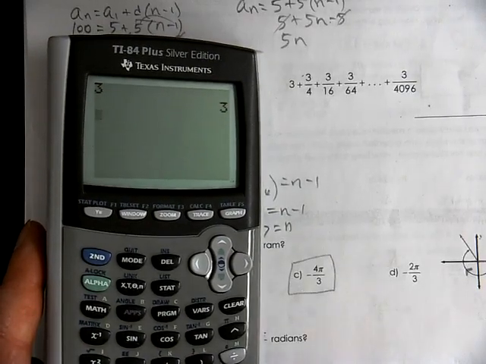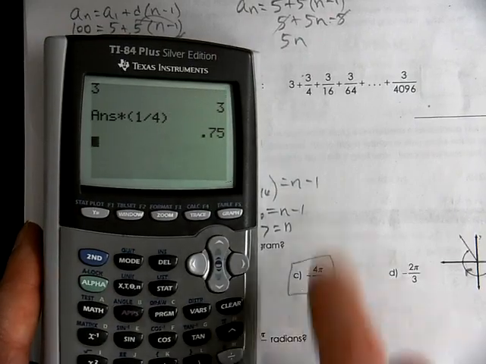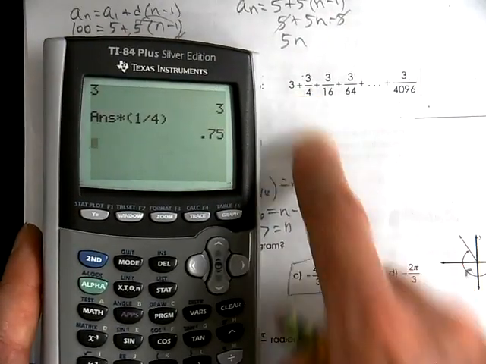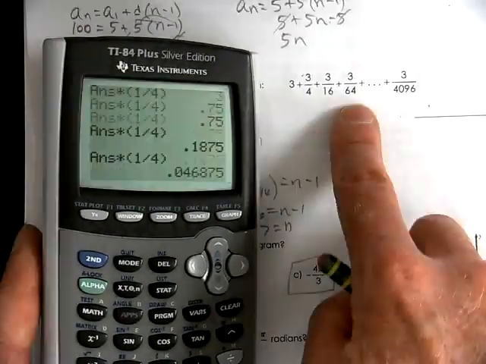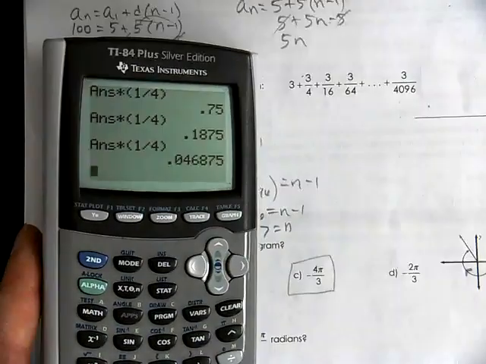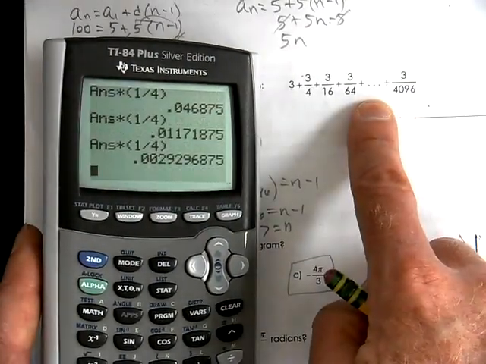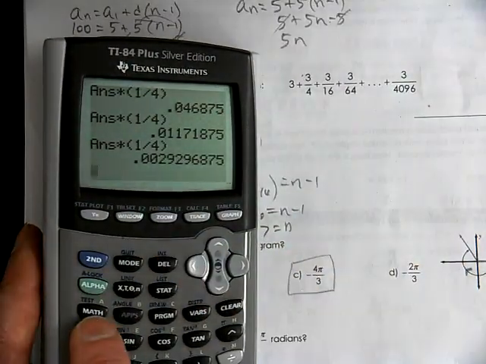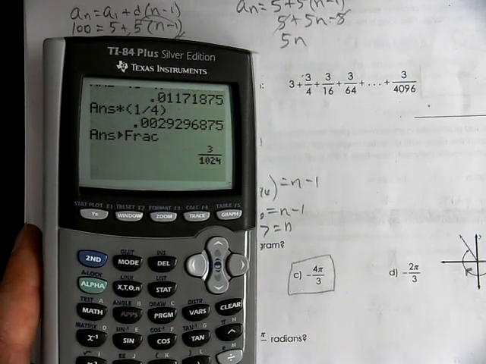You'll start out with 3, and you'll times that by 1/4. And there's your second term. There's your third term. There's your fourth term. There's your fifth term. There's your sixth term. And if you ever want to figure out what that value is, you can go to fraction. And you can see that that's not quite what we had.